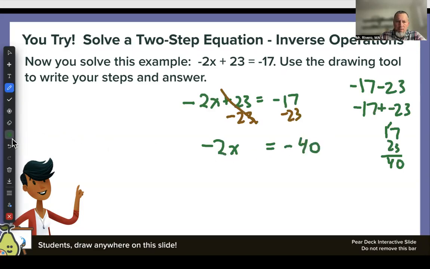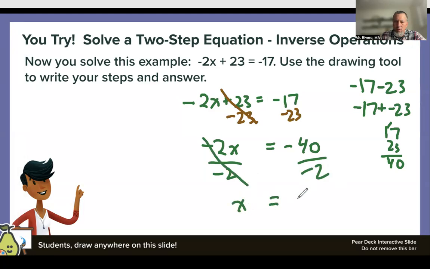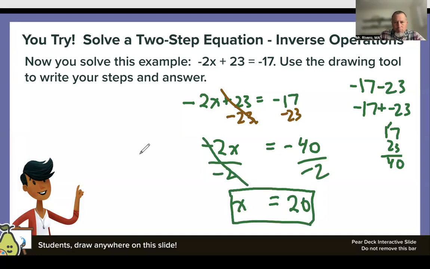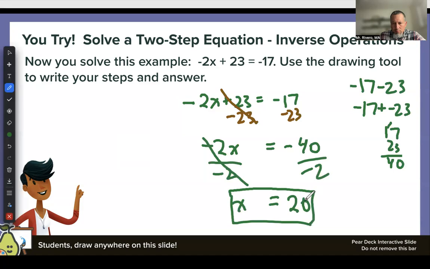And then we're going to go ahead and divide both sides by a negative 2. And that gets us x, 1x. And then negative divided by negative is positive 20. Make that look like a 20.